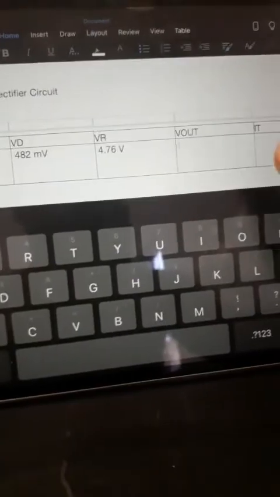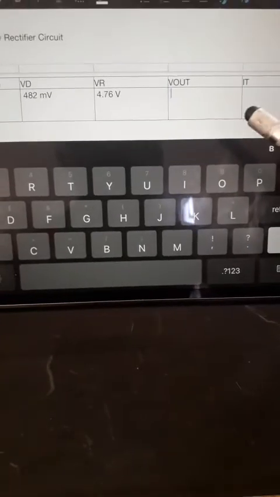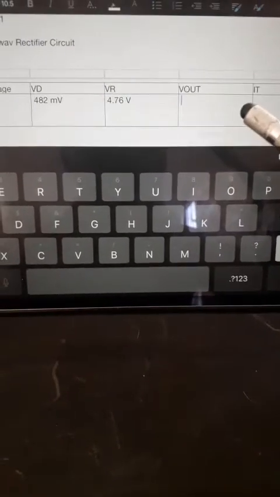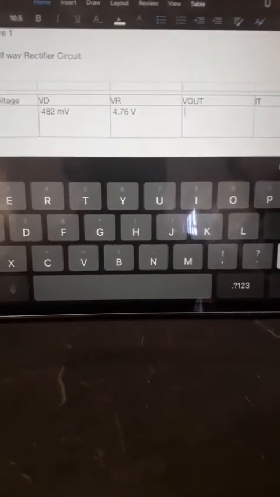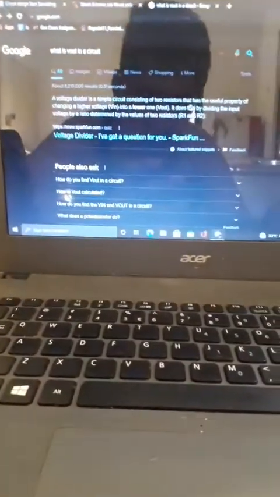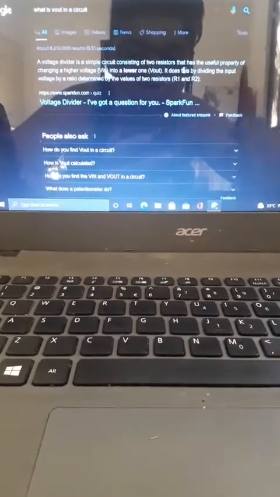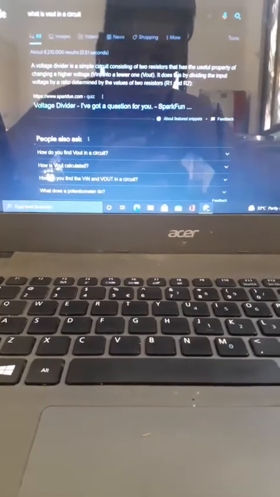Now we're going to find our Bout. Upon searching what Bout is, because I haven't seen this in our discussions nor heard of it, I searched it on the internet and it doesn't apply because we only have one resistor, so we can't really measure it.